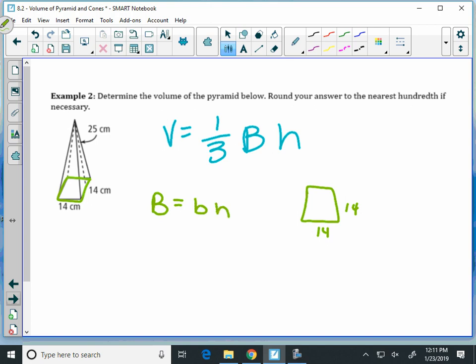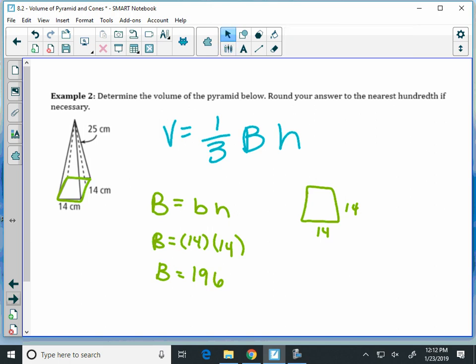Base times height. Okay. So what numbers are we going to plug in for our little b and our h? 14 and 14. So what do we get when we do 14 times 14? Okay, so that's the area of our base.